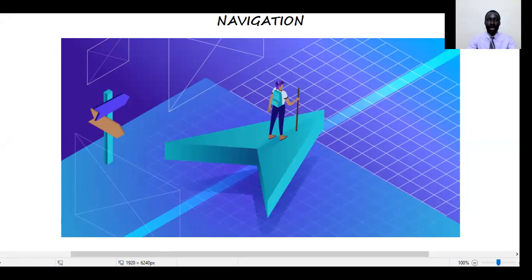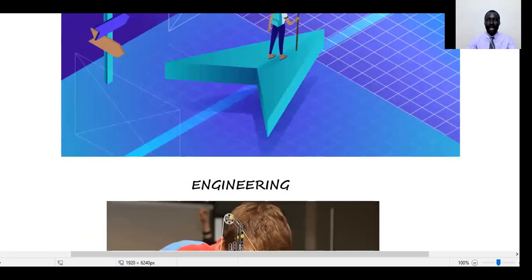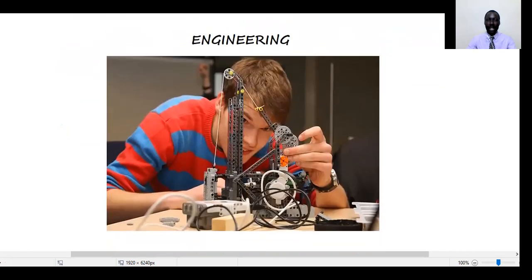You can go through your mobile application, search for it, get one and board. You navigate, you locate. How do I get to that place? We use trigonometry in that. We also use trigonometry, other than navigation, in engineering.